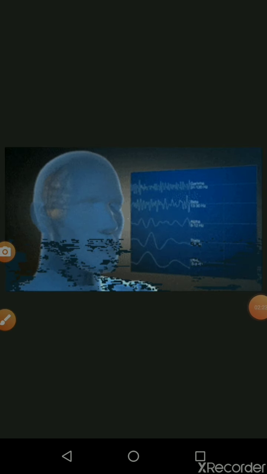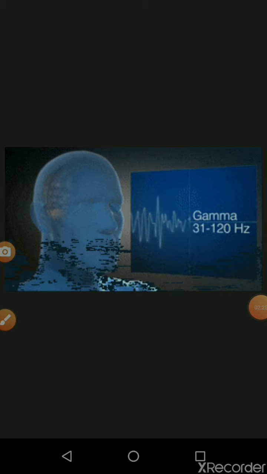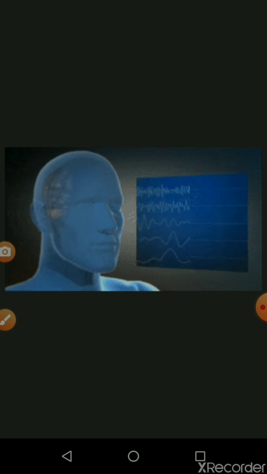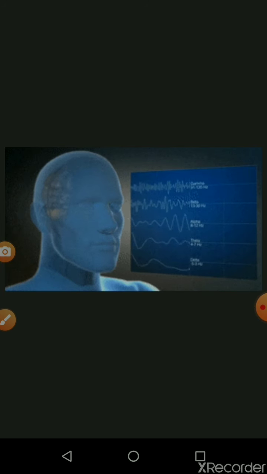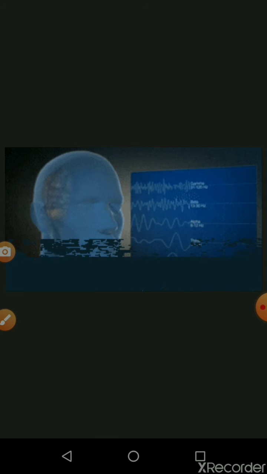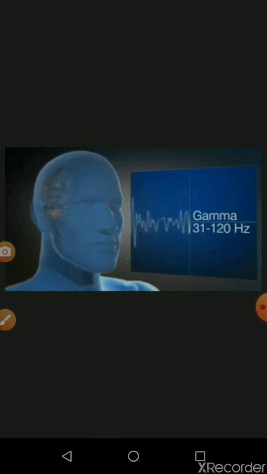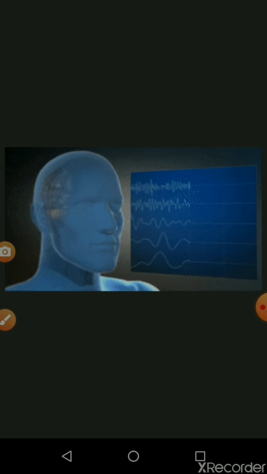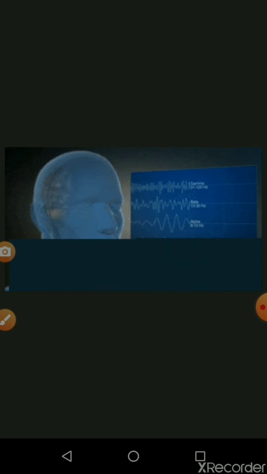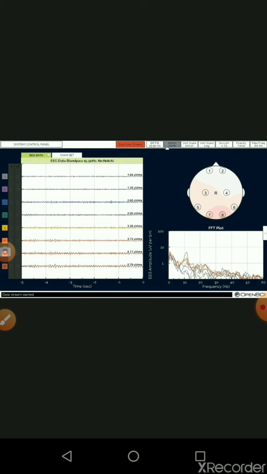Then this diagram shows the electroencephalogram EEG instrument, the equipment which is fixed on our head region. Then the radiation is passed on through our body. What will happen? The signal is recorded like an ECG. Then this is the graphical representation of this instrument.